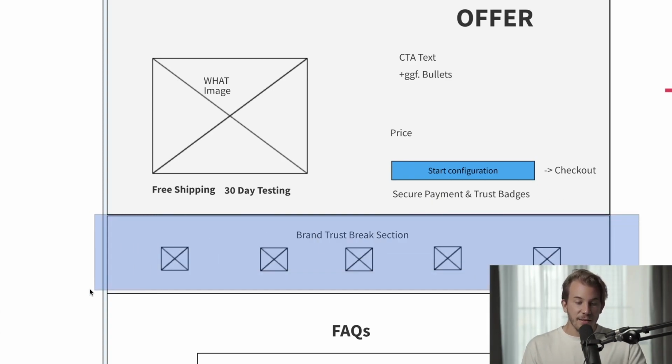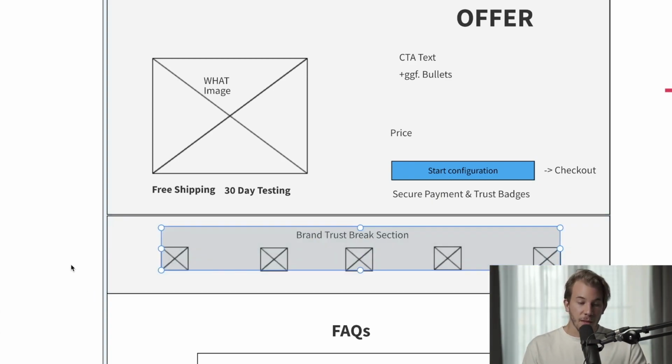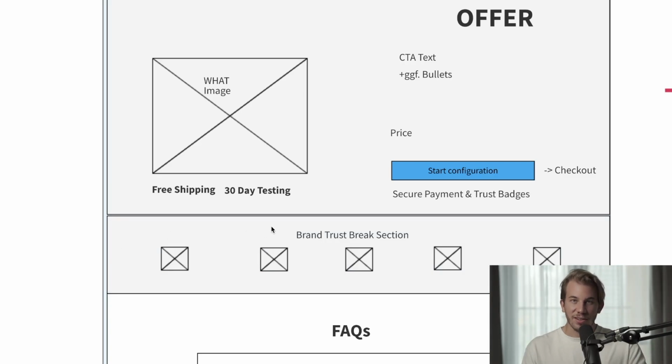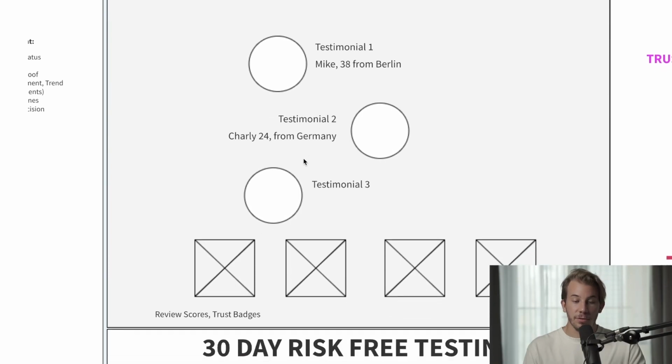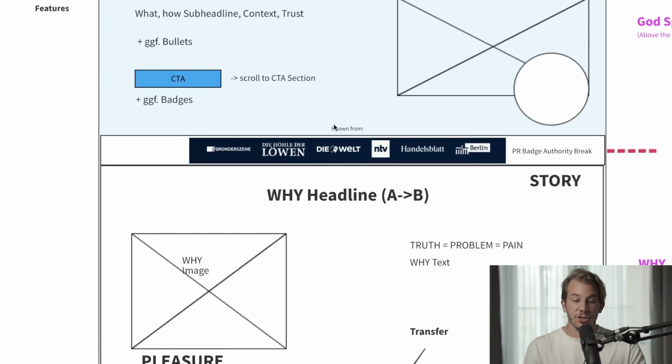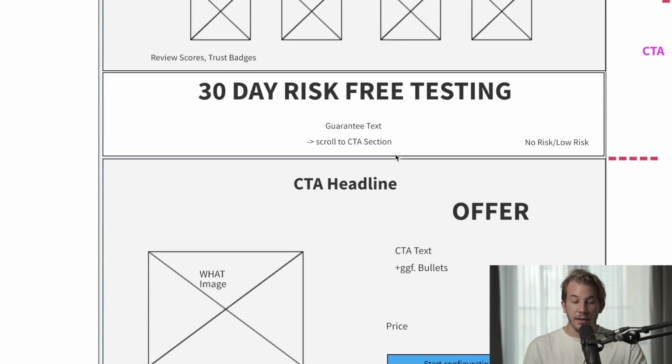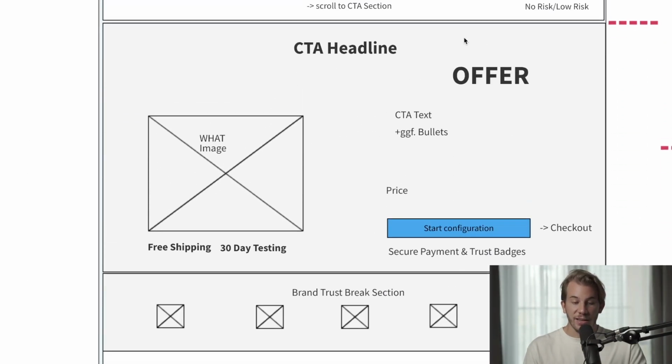You can then end the page with some more brand trust badges, your symbols, some of the stuff that you put in your trust section or in your authority sections here. You can put just the same line again, put them below your call to action section as an additional trust that what you want to symbolize to the customers.